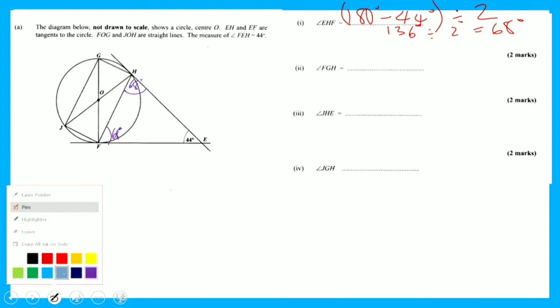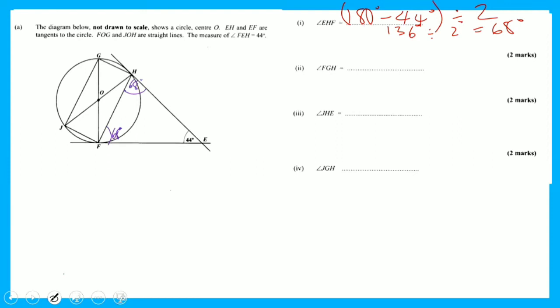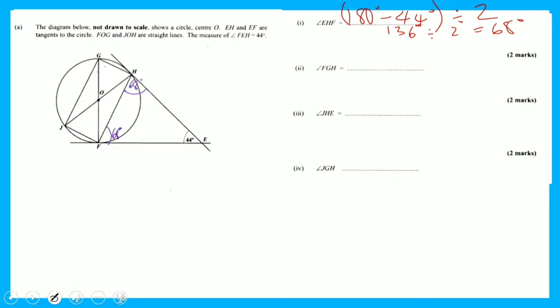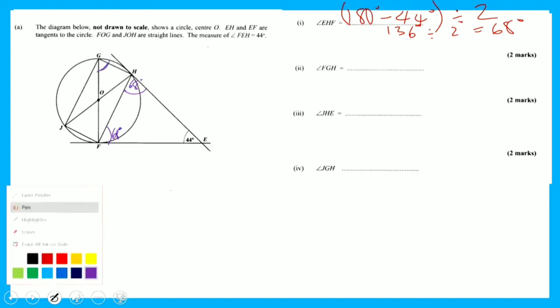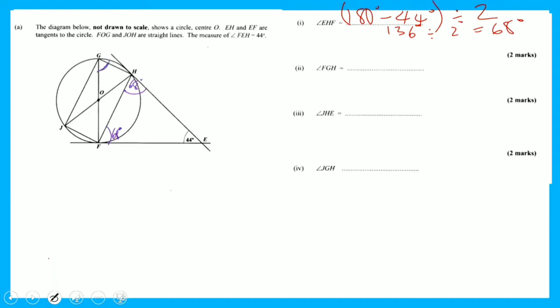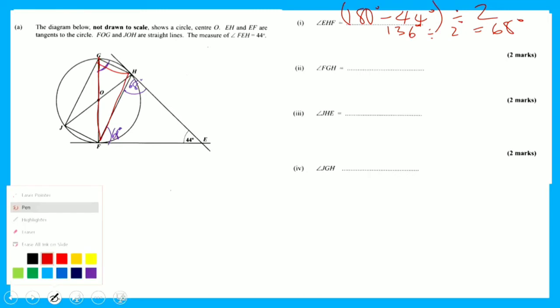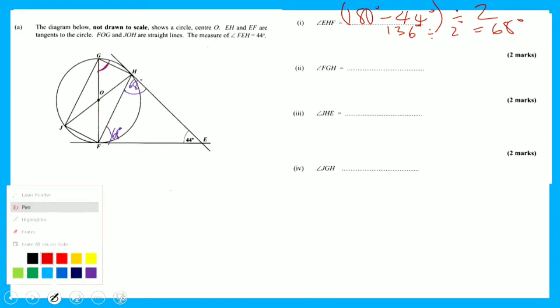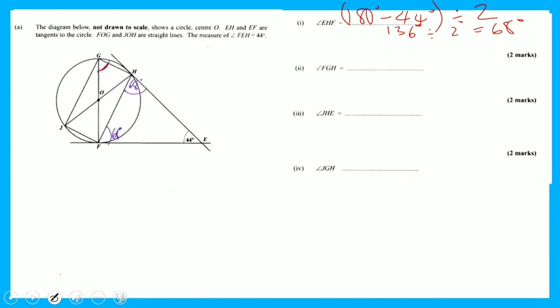Bear in mind you can use different methods to arrive at your answer. I'm just going to pick one. So FGH is right here. You may want to recognize the fact that it is formed inside this triangle GHF, and you're looking for just that part up there. We had already established that right here is going to be 90 degrees.